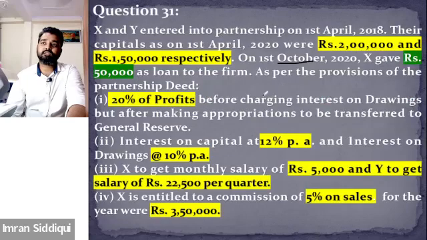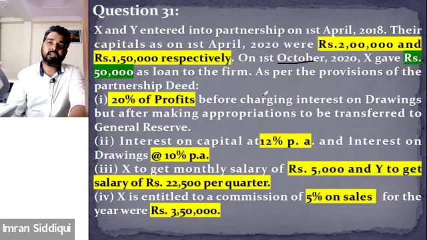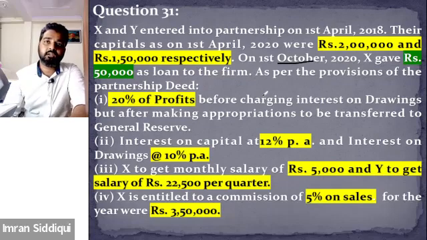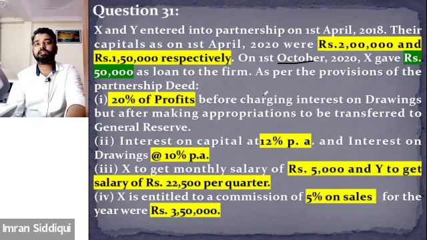So what was the capital ratio of the partners? They have contributed 2 lakh and 1,50,000. That means their capital ratio is 20:15. If they have contributed capital as 2 lakh and 1,50,000, can we say that their capital contribution ratio is 20:15?